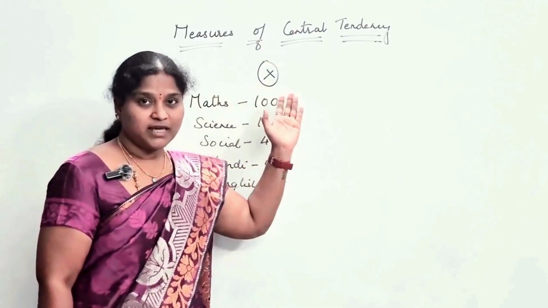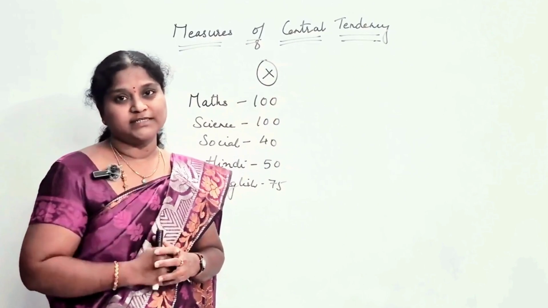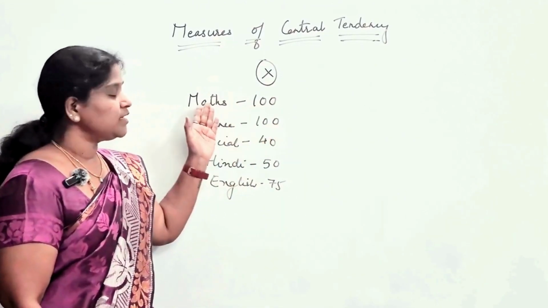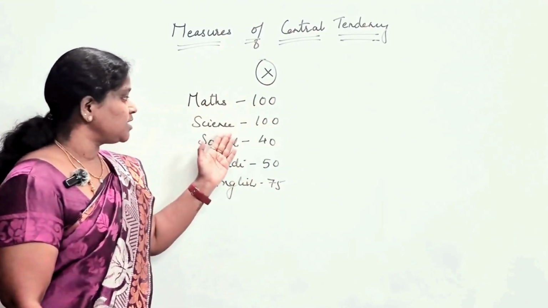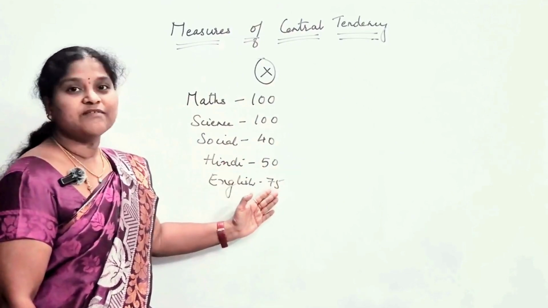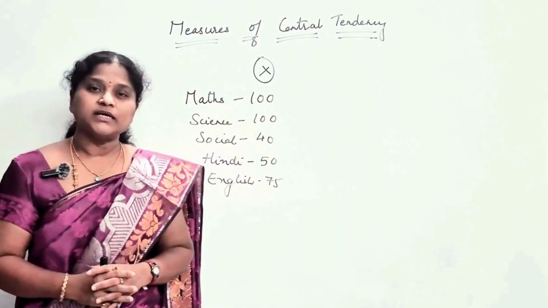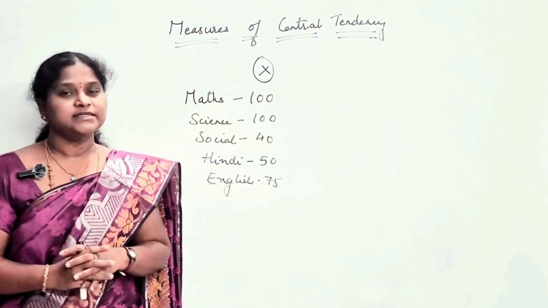Suppose there is a student X and we have considered his marks in 5 subjects of a test. He has secured 100 in maths, 100 in science, 40 in social, 50 in Hindi and 75 in English. Individually, we can see that the student is a top scorer in maths and science.